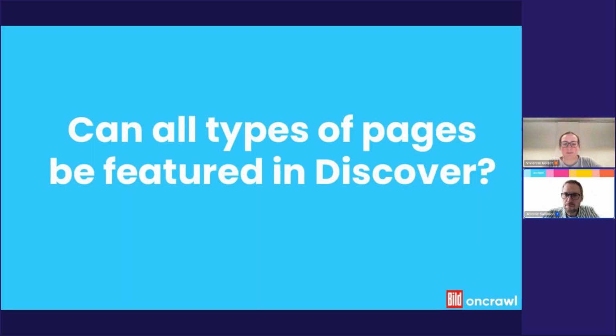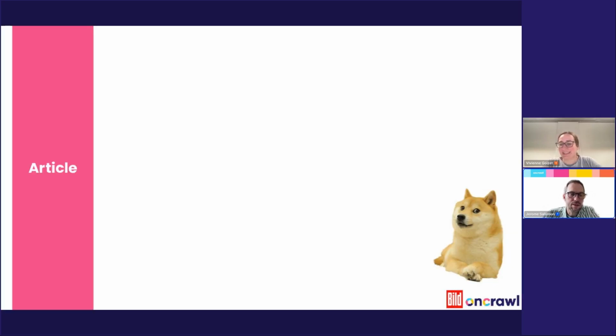Next question. Can all types of pages be featured in Discover? Is it only articles or also videos? Yes, that's a question that we had a lot. Here I'll be sharing what I found from my experience with all the users, the different companies we work with at Oncrawl. First, articles, of course, that's obvious.